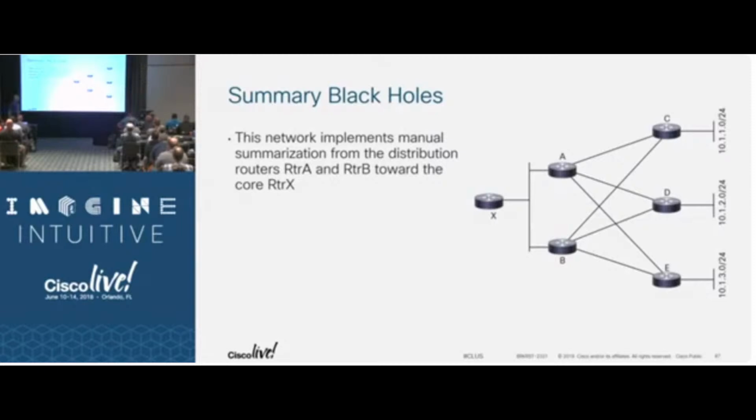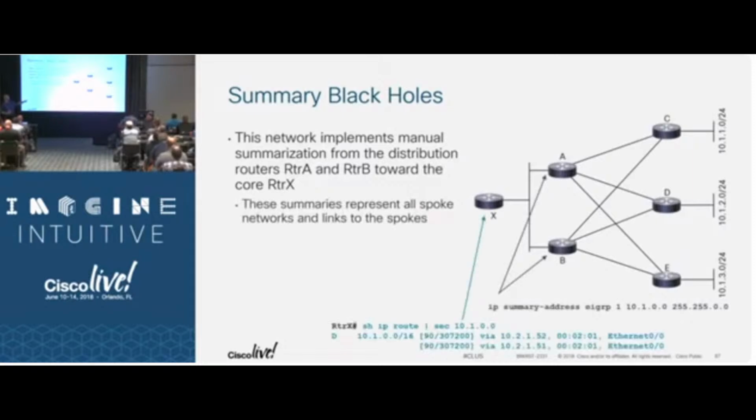A slightly more convoluted scenario for summarization is in this network. Again, assume that you have two routers A and B, which aggregate a couple of locations. To make the routing simple, they aggregate those component networks behind C, D and E into a very simple summary, 10.1/16.